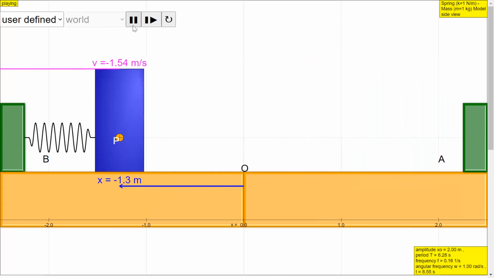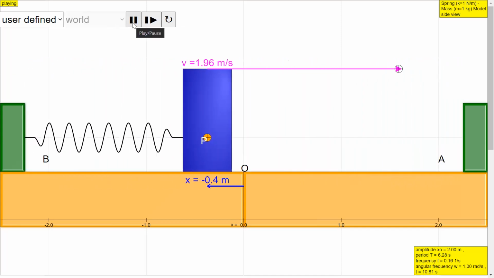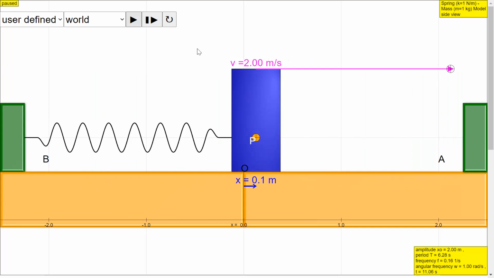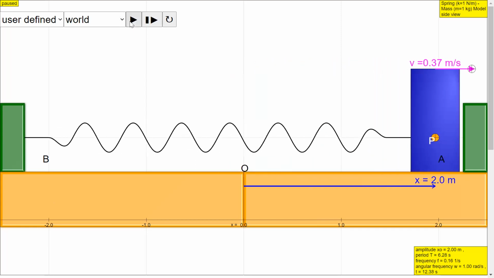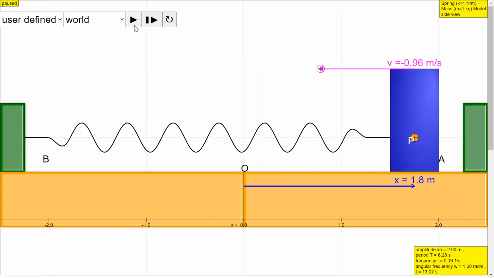Once more. The maximum velocity here is 2 meters per second. Meanwhile, we can observe that the velocity at point A at 2 meters, or point B at negative 2 meters, is nearly 0, up to the point that it has 0 velocity.